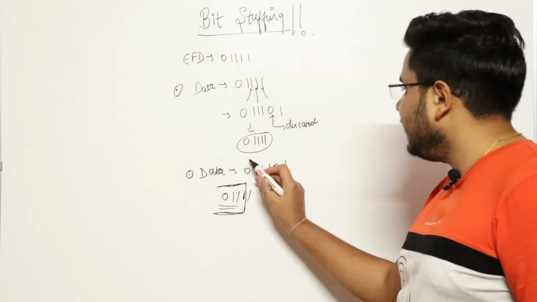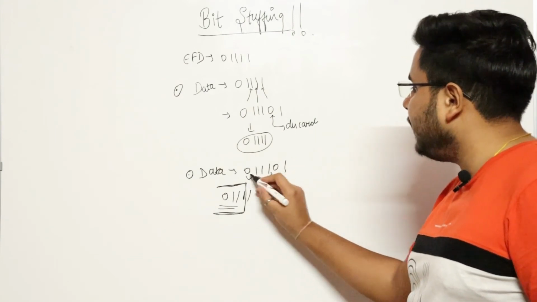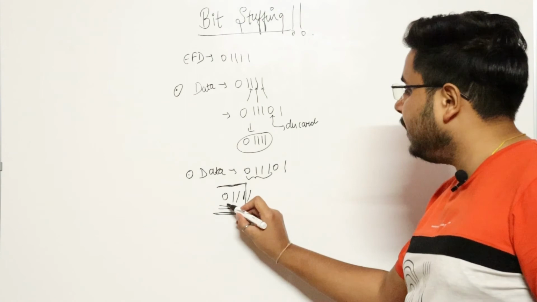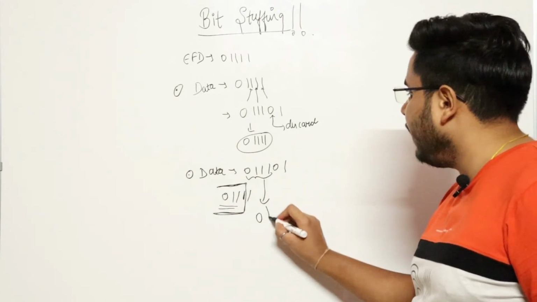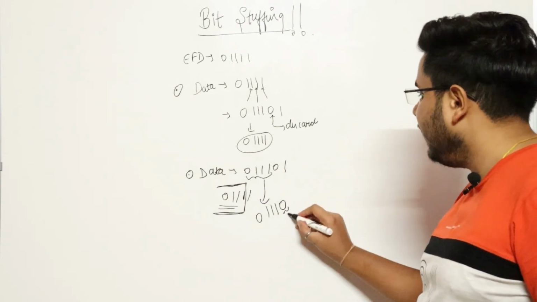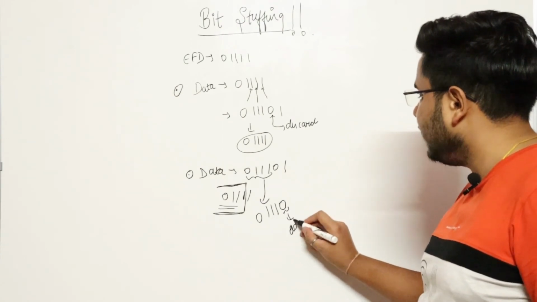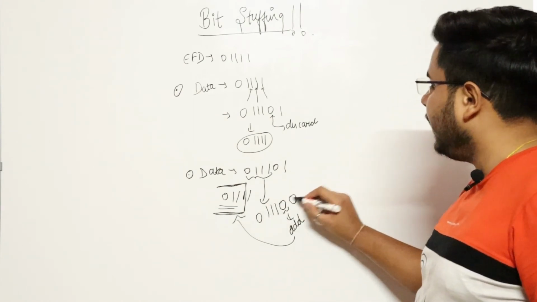So suppose this is our data. You can see that here it has 0 1 1 1, which matches with this 0 1 1 1. So add a 0 after this, that is 0 1 1 1 and 0, according to this rule, and then the further data, which is 0 1.